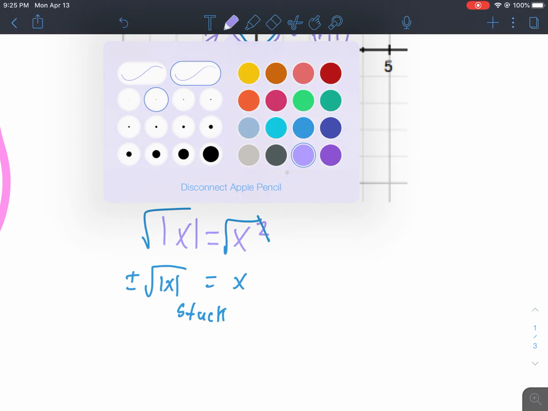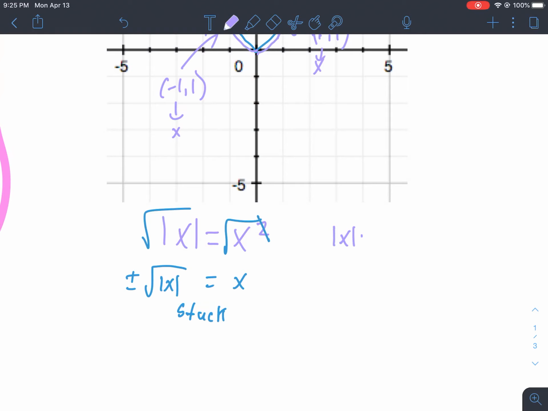Let me see what else I could do. I have the absolute value of x equals x squared. My other choice is, once the absolute value is by itself, I split it into the positive and the negative case. This looks a little more promising.